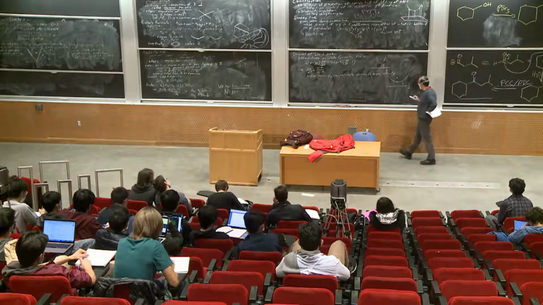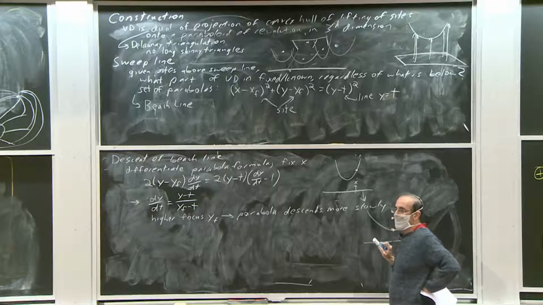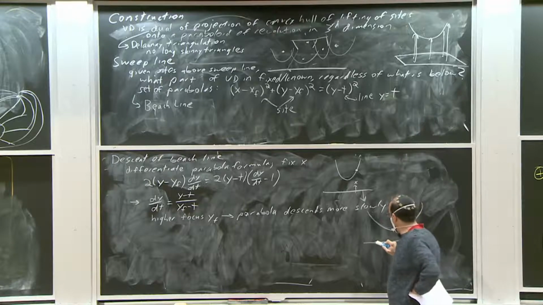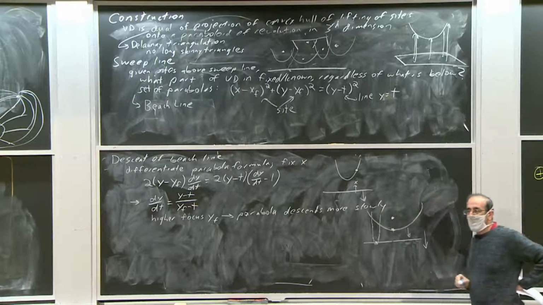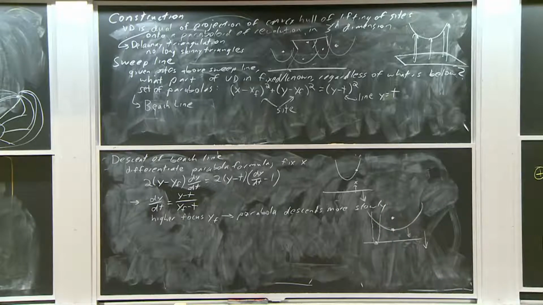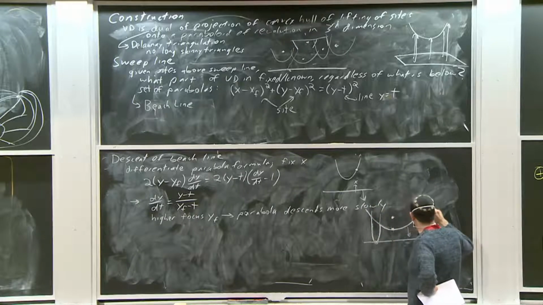Well, initially, this point is going to own only itself. But as the sweep line continues to descend, you're going to get what is initially a very narrow parabola that breaks the previous parabola into two pieces. So the beach line was previously just a single parabola.